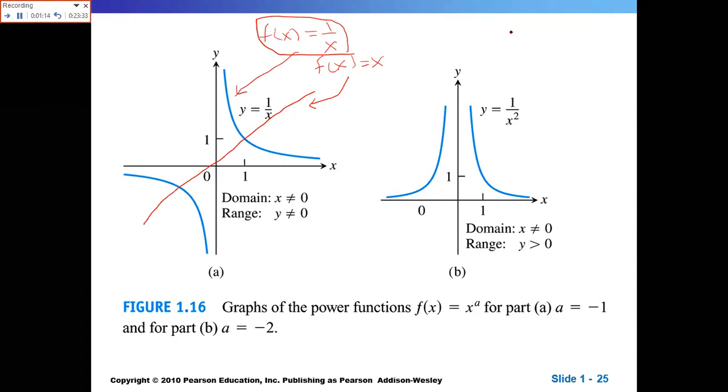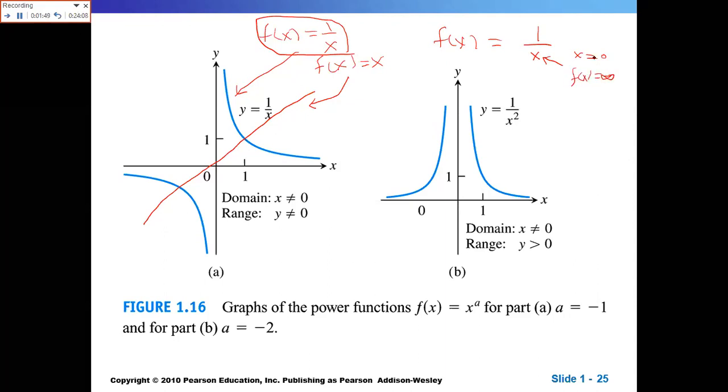Anytime we have a numerator and a denominator, even if the numerator is 1, that means we have a zero to worry about for the function. We don't want f of x to be equal to infinity, because we will not go to infinity. And when would f of x equal infinity? When x equals 0.